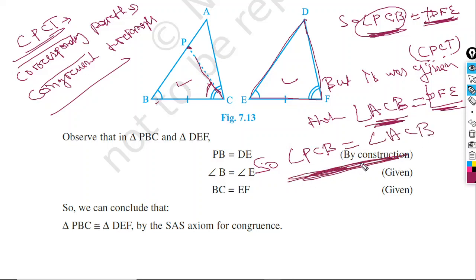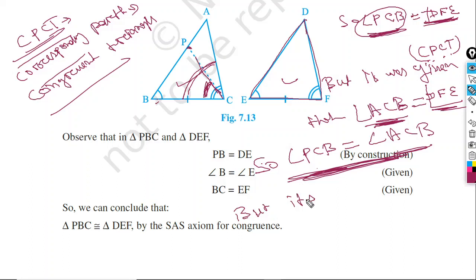Where is angle PCB and where is angle ACB? Angle PCB equal to angle ACB, the big angle. Is it possible that angle PCB will be equal to angle ACB? It's not possible.